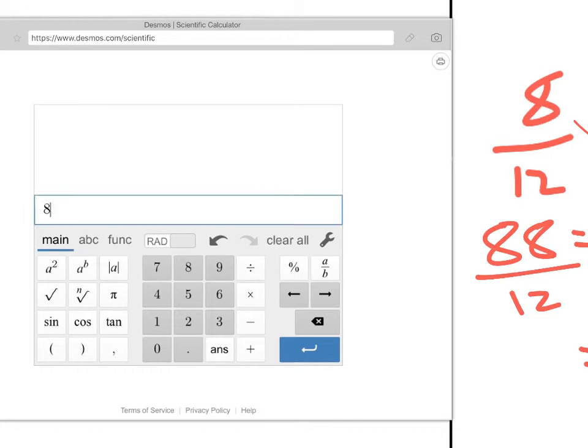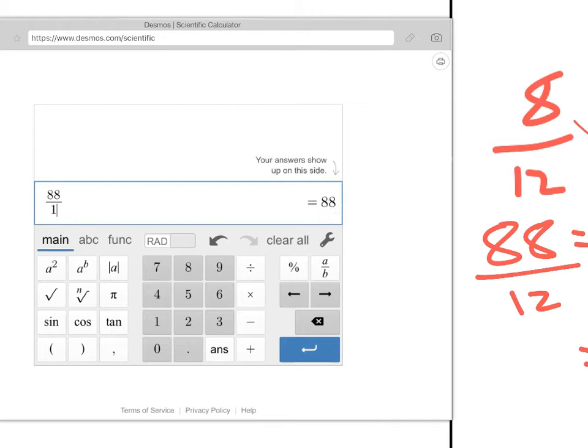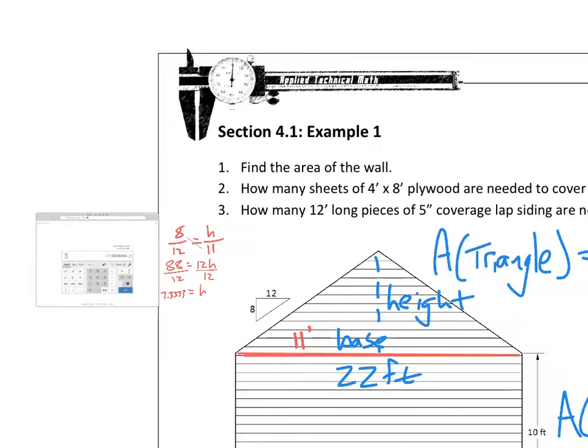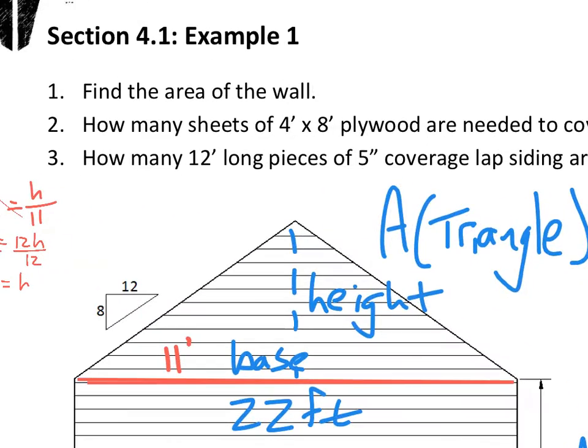So this is just our scientific calculator, desmos.com. Scientific calculator gives us 7.333 feet. Okay, we can leave this in feet for right now. That's fine. We'll keep several of those 7.333. All right, so we don't need it in feet and inches right now. So this height is 7.33 feet. Okay, that's h.